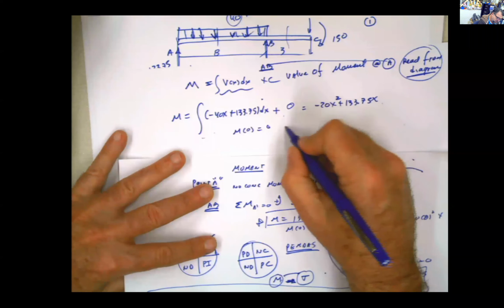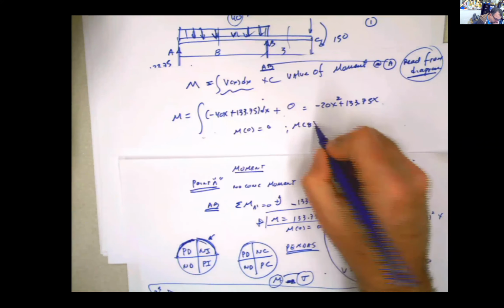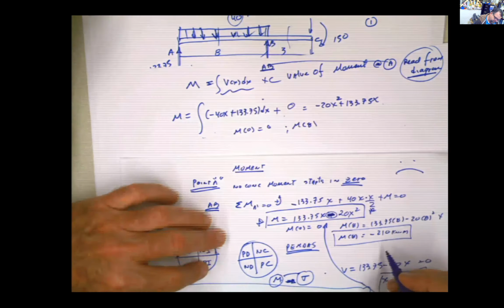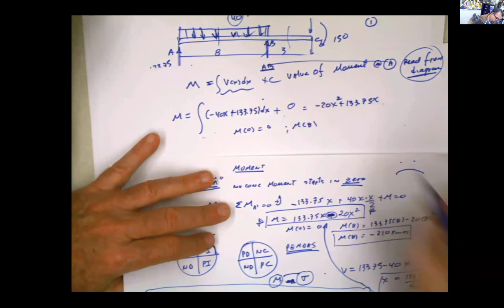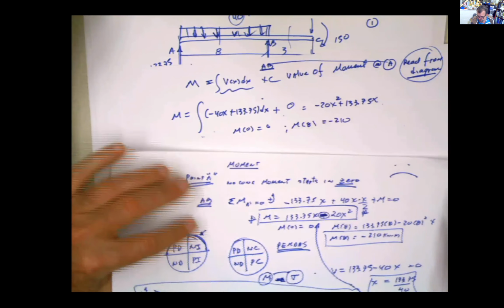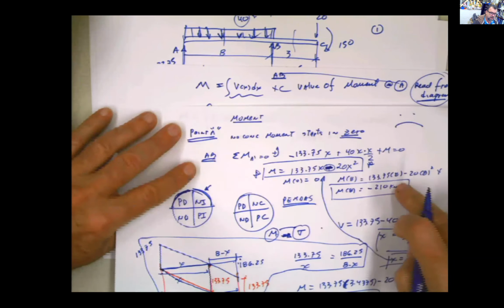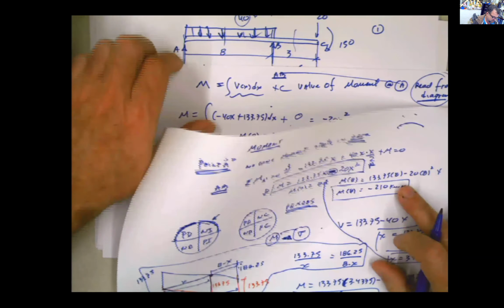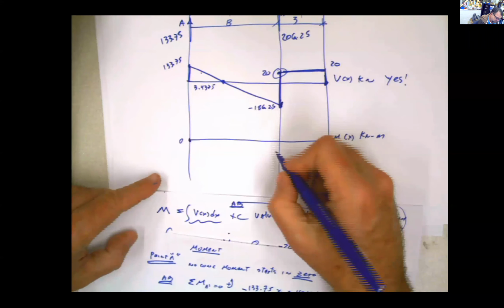And my moment when x equals 8 is negative 210. You can plug the values and check it. Negative 210. I'm just copying from here because I know those values are correct. And it's the same equation. So negative 210.